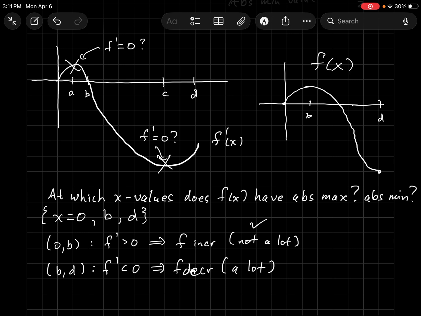Notice that in this picture of f, f has its biggest value at x equals b, doesn't it? And where does f have its lowest value? At x equals d. Once again, extreme values will only occur either at critical points or at endpoints.